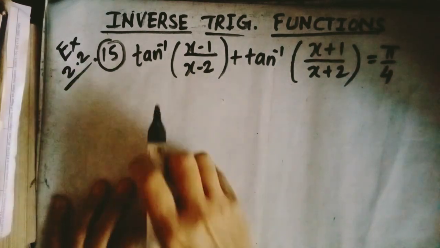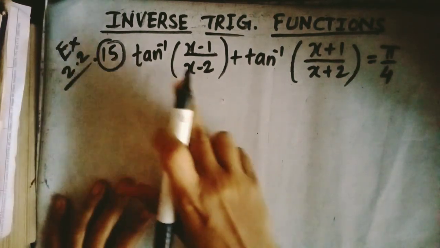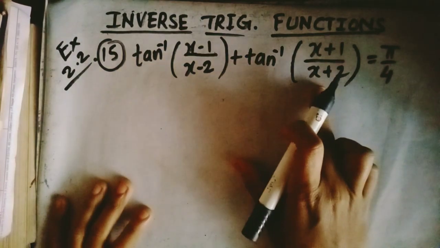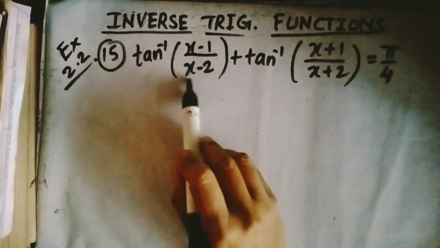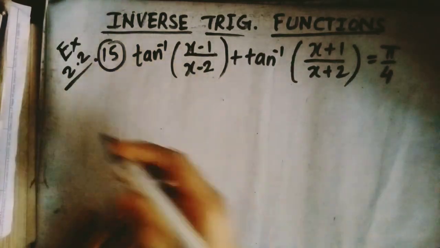Now we can use here the property related to tan inverse, that is tan inverse of x plus tan inverse of y. Okay, so this whole thing becomes your x and this whole thing becomes your y.